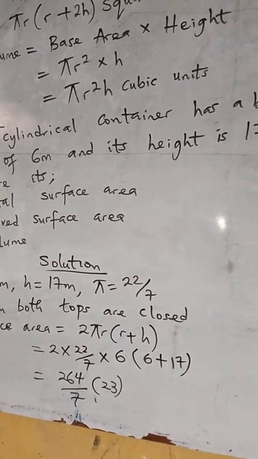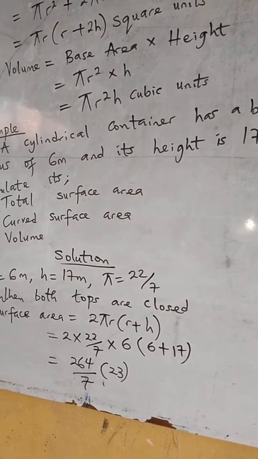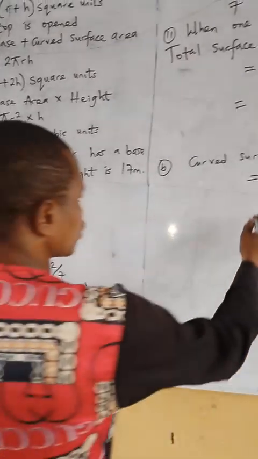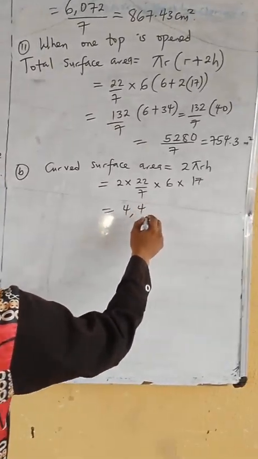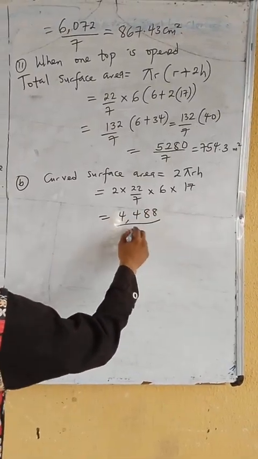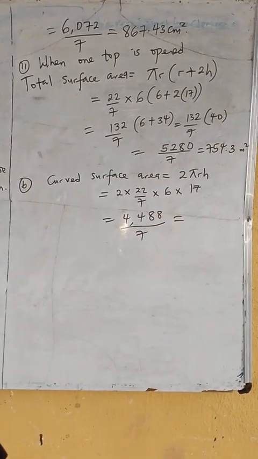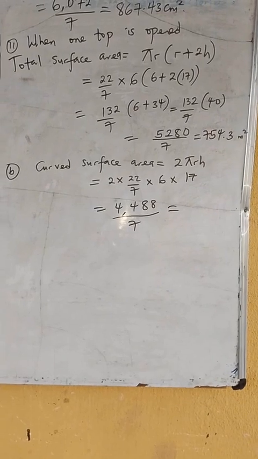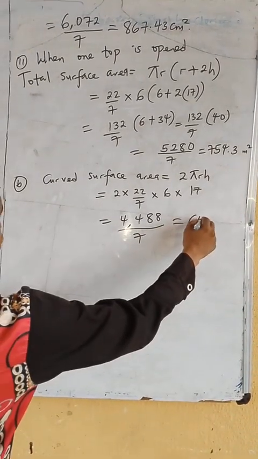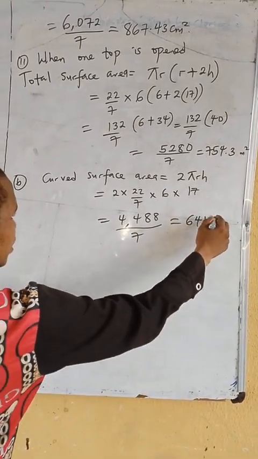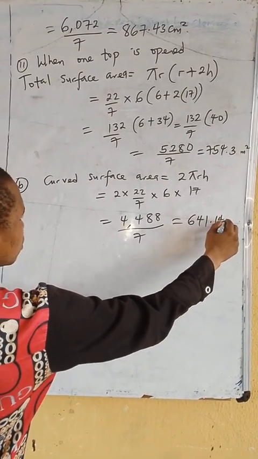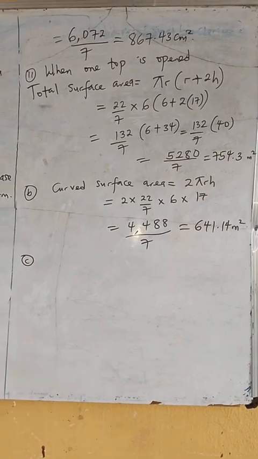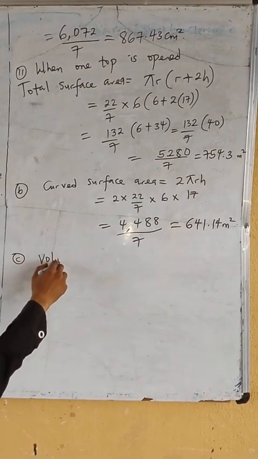That will give us 4,488. So we are going to have 4,488/7. And by the time we divide by 7, we are going to have 641.14 meter squared.